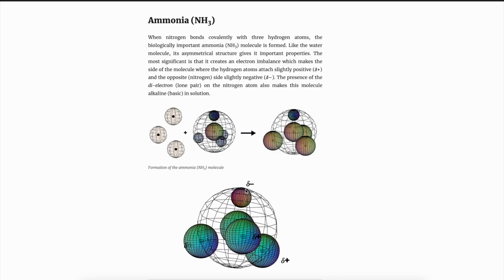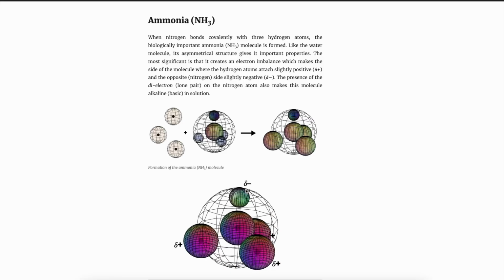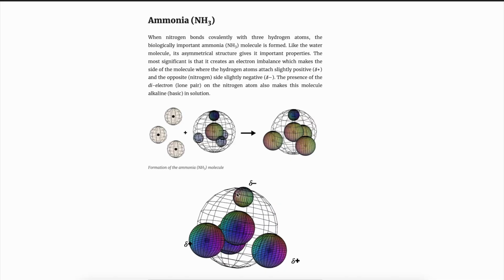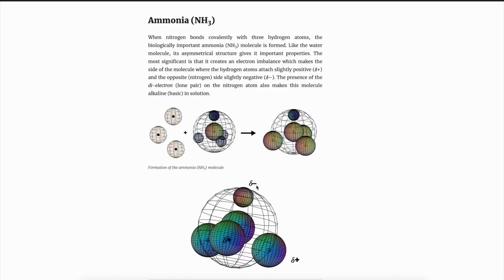What is important to notice about this molecule is there's an asymmetry on a molecular scale. The one side, the nitrogen pulls electrons to itself very strongly because it has a high electronegativity.